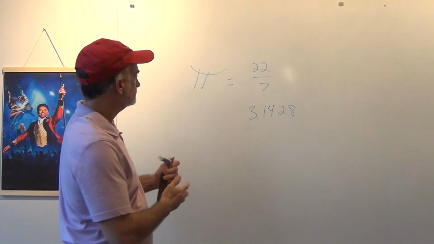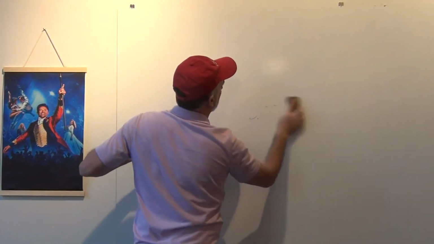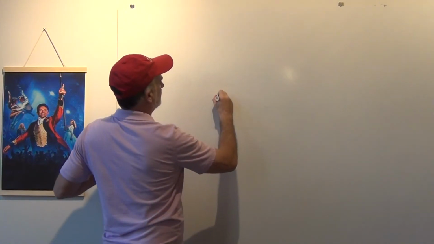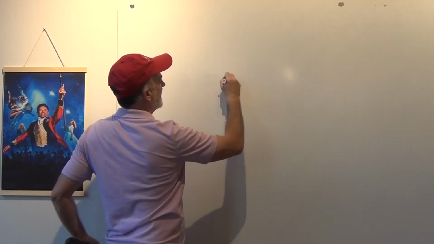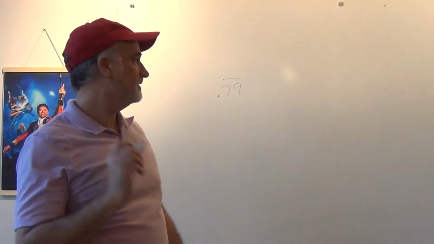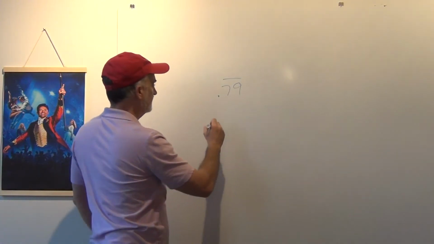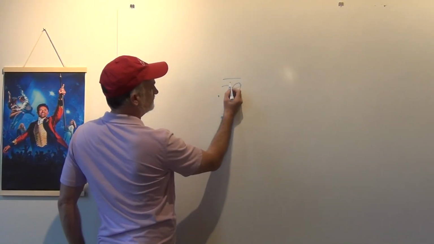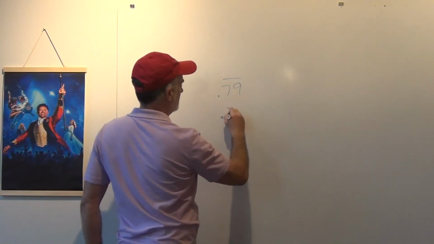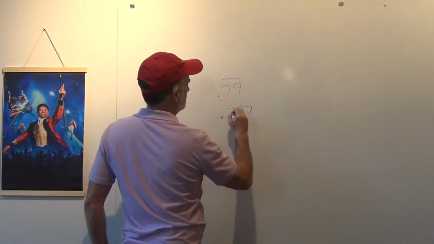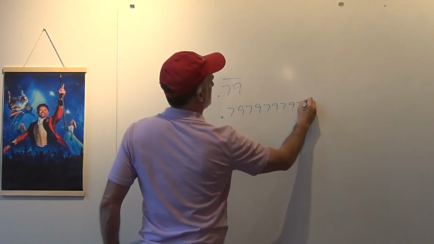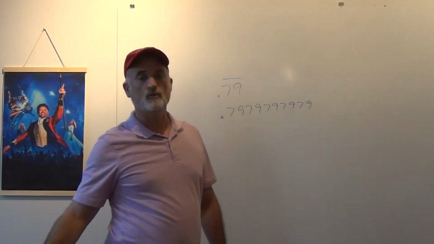Okay? Now, let's talk about repeaters for a minute. 0.79 repeater. Okay? So, this is what this looks like. Both numbers, there's a line over both numbers. So that literally means 0.79, 79, 79, 79, and it just keeps going forever.